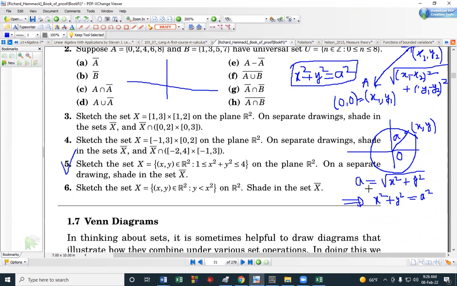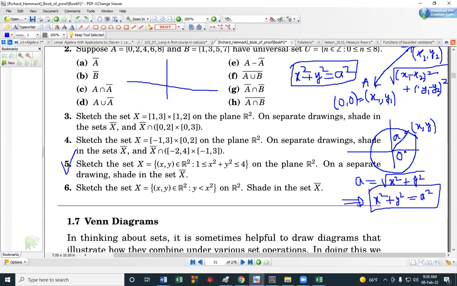This is the equation of a circle. The xy's that lie on your locus follow this distance formula. Exactly on this circle, you get A squared.